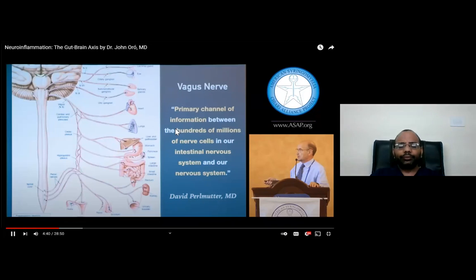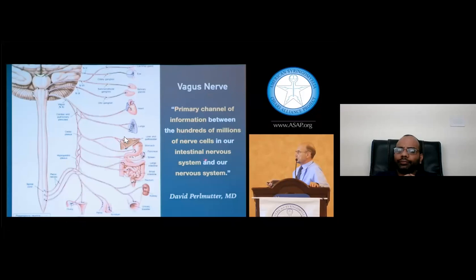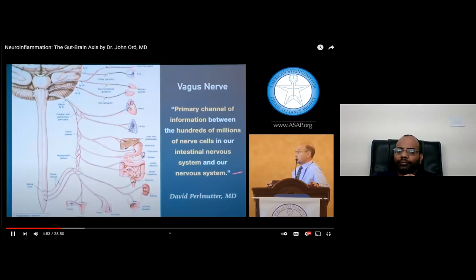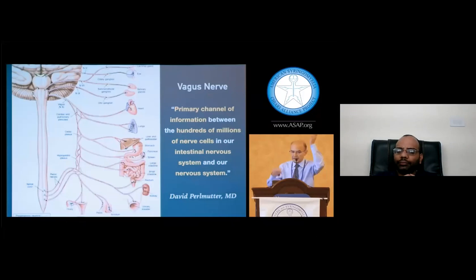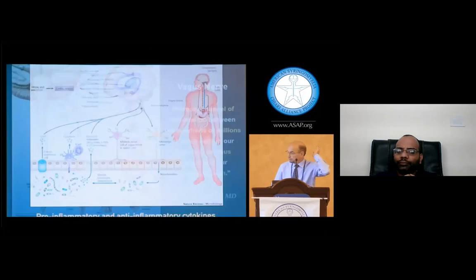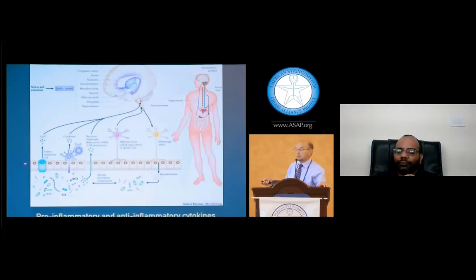The intestines, but to the liver, etc. The vagus nerve is the primary channel of information between the hundreds of millions of nerve cells in our intestine and our central nervous system. So now we're knowing the signals can go through that nerve, and also to the blood vessels. And here's where the battle is fought all the time.